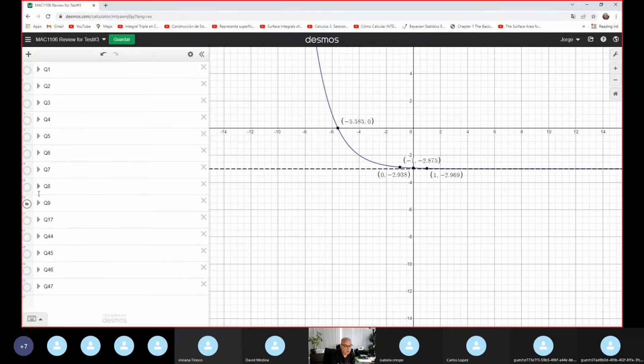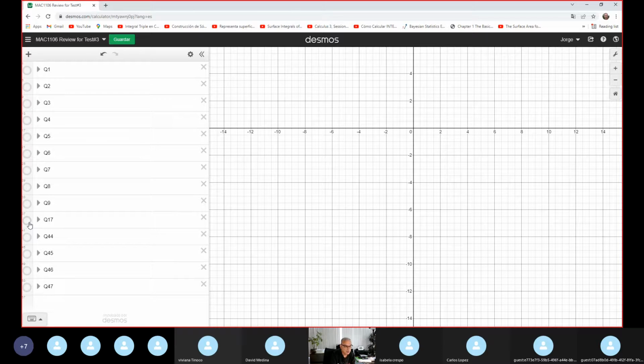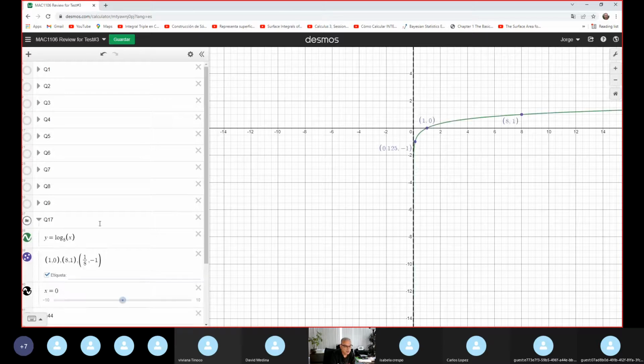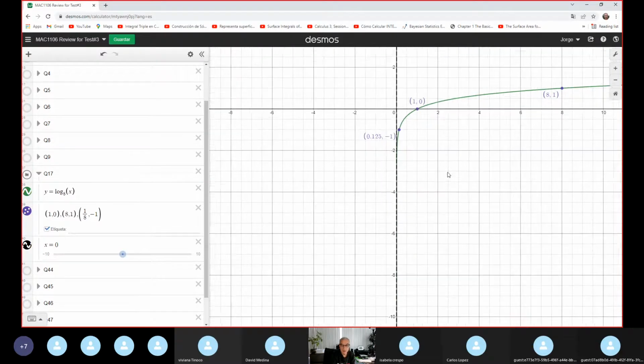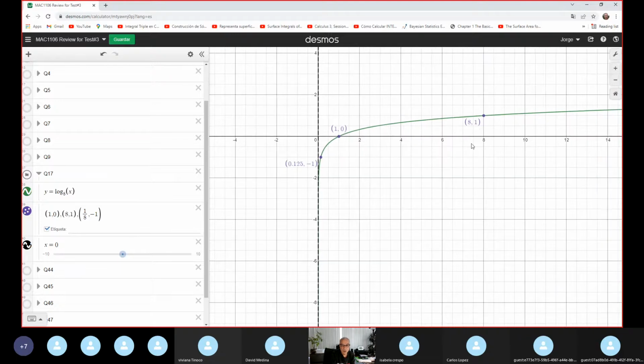Okay. We are talking about 17. 17 is, you know, logarithm base a of x. And the point that I selected was the famous 1,0. Let me zoom. A, 1, and 1 over a, negative 1. And don't forget the important vertical asymptote at x equals 0.